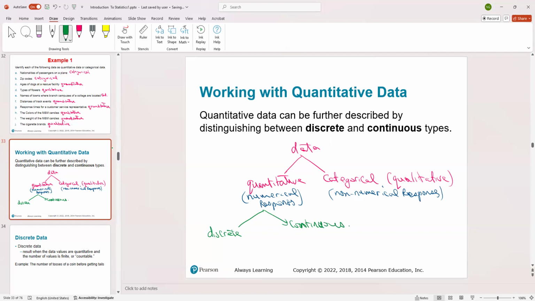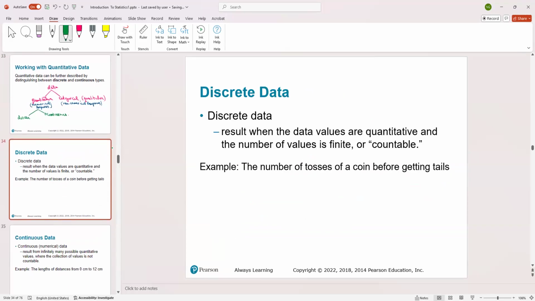One is when you do finite count and the other when you have infinite count. So let's say for discrete, the result is when the data values are quantitative and the number of values is finite or countable. If there are indefinitely many values, the collection of values is countable. So if it is possible to count them individually, such as the number of tosses of a coin before getting a tails, it all depends.